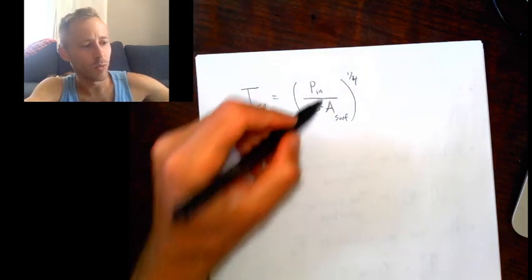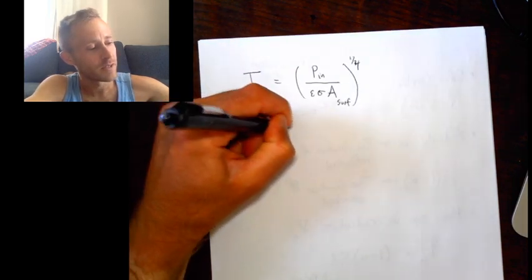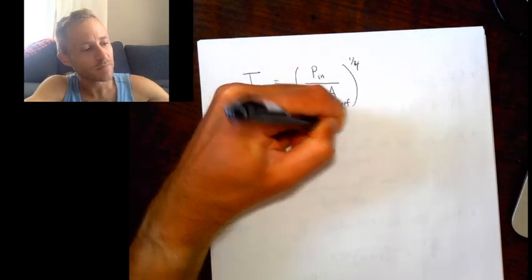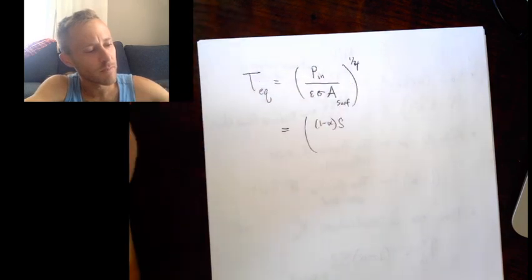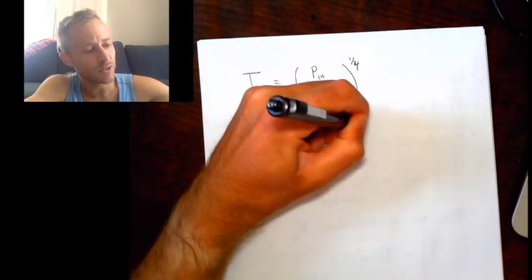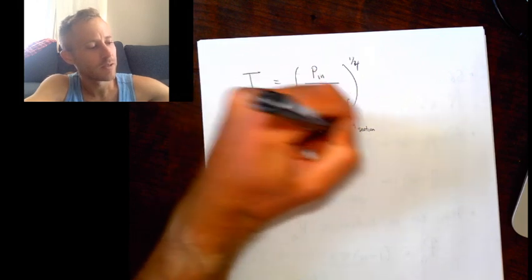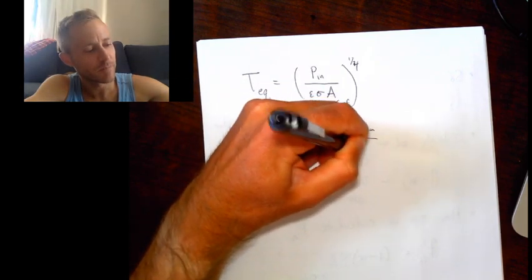Now, we know what the formula for power in is. Power in is 1 minus alpha, okay, times the solar constant, times the cross-sectional area, divided by epsilon sigma surface area.